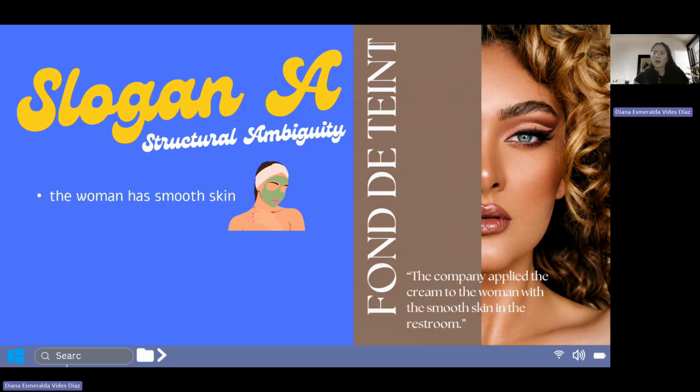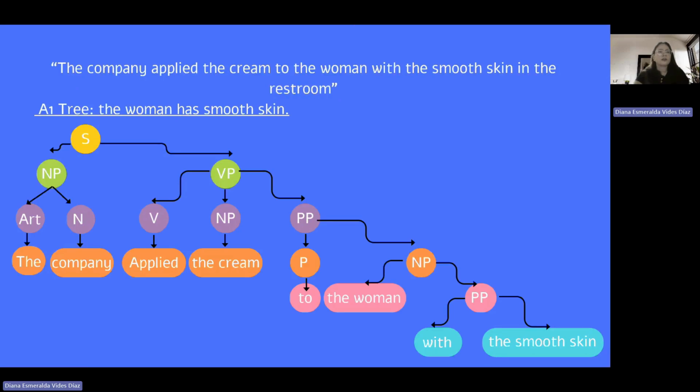So let's break it down with this diagram here. As you can see, we have the sentence divided into the noun phrase and the verb phrase. The noun phrase being the company and the verb phrase apply the cream. Then we have the prepositional phrase divided into the preposition to, and then the noun phrase, the woman.